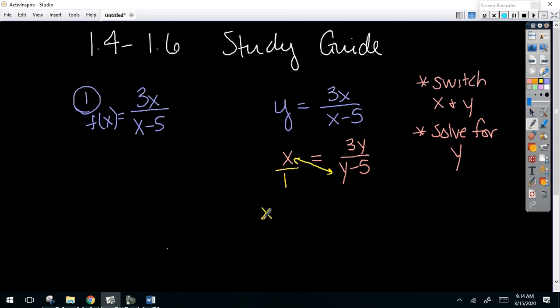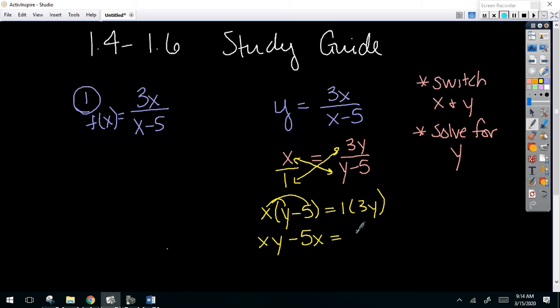Okay, so I get x times y minus 5 equals 1 times 3y. When I distribute here, I get xy minus 5x equals 3y.